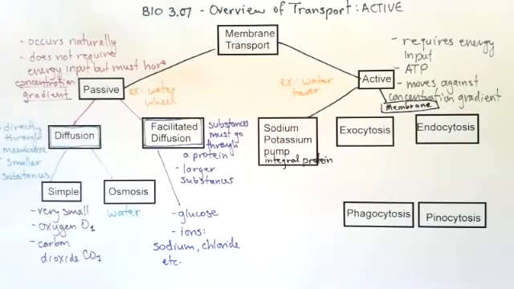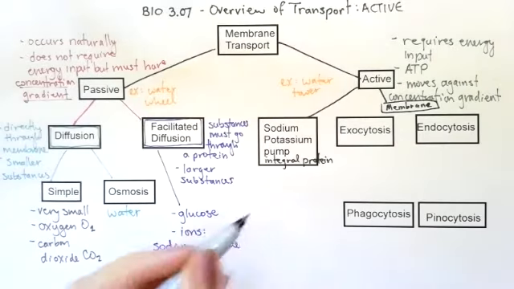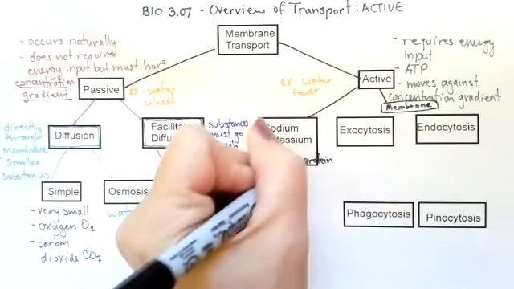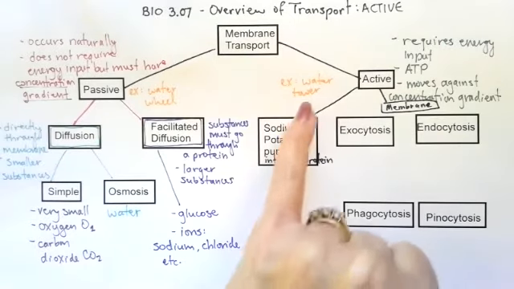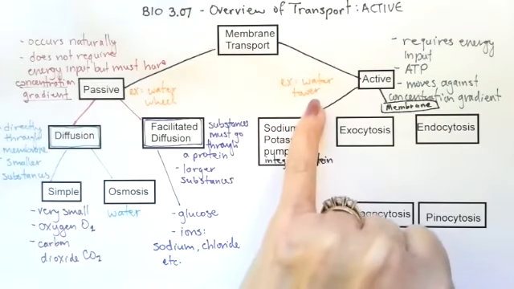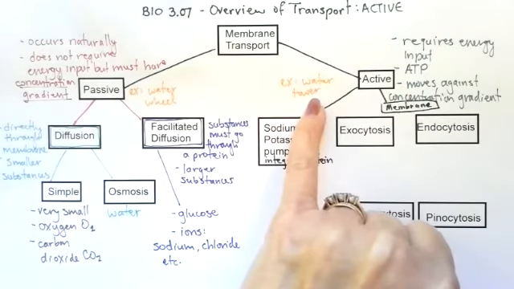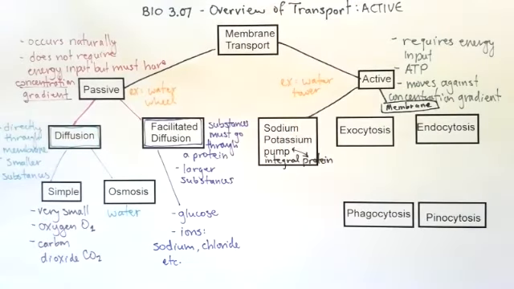So let's just summarize these, and then we'll talk about them individually in lessons 3.08 and 3.09. So the sodium-potassium pump, this pump is actually a protein. And this protein does exactly what I just described with the water tower pump. Our water in town gets pumped from the ground into the water tower.